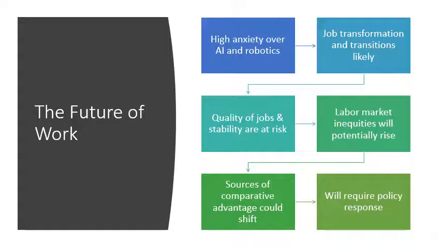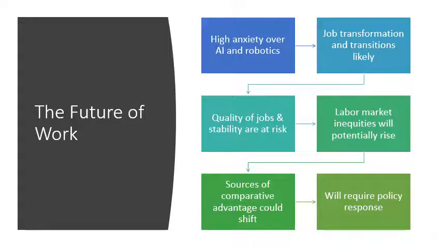There's very high anxiety in the labor markets over artificial intelligence and robotics and what that's going to do to our labor market. But I just want to point out that these fears are not new. In 1931, John Maynard Keynes, we talked about Keynesian economics, warned then of a new category of unemployment called technological unemployment, of people who are put out of jobs because of technology.